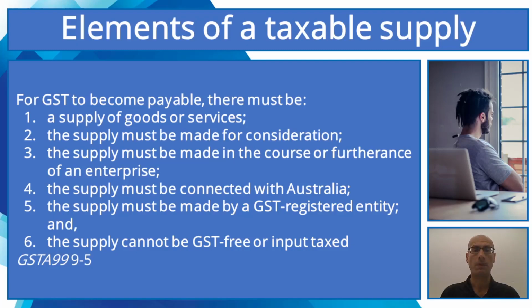Also, there are two particular words or phrases that we use to describe types of supplies that don't have GST, and we call those either GST-free or input taxed. Kind of unfortunate, this definition of the word input taxed is used twice in two quite different ways. And so each of these elements has to be satisfied in order for GST to become liable for a particular supply.